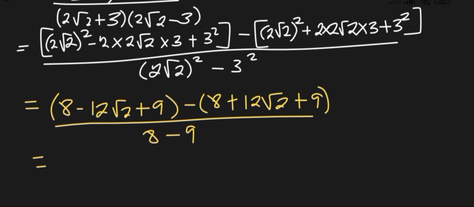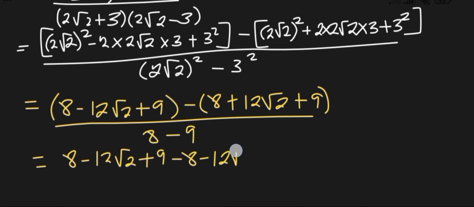Removing the brackets, the first one is 8 minus 12 root 2 plus 9. Then we distribute the negative sign into the second bracket. That changes all the signs. So we have minus 8 minus 12 root 2 minus 9. In the denominator, it is negative 1.